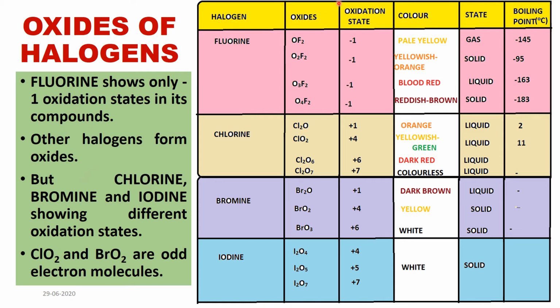Fluorine shows only -1 oxidation state. Other halogens form oxides which show different oxidation states, and among the oxides, ClO2, chlorine dioxide, and BrO2, bromine dioxide, are odd electron molecules, that is paramagnetic, that contain a special 3 electron bond.